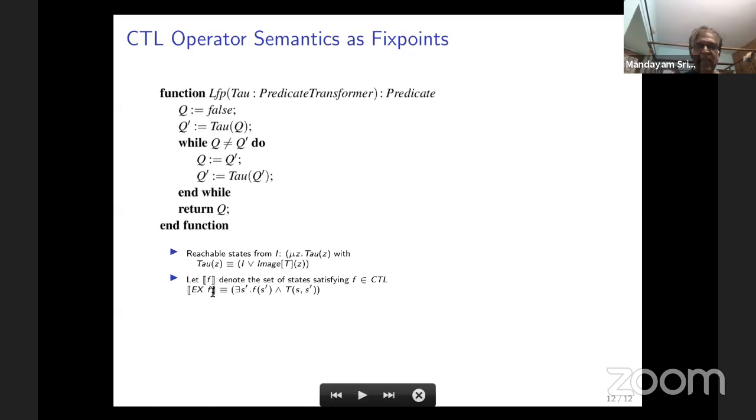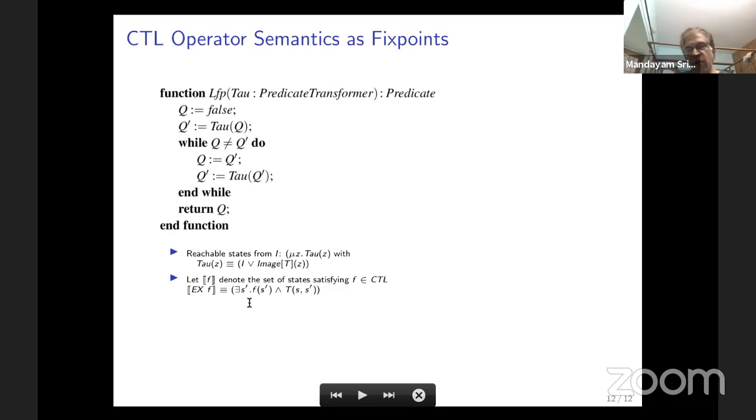So what is EX of f? That's what the model checking algorithm does: it computes the set of all states that satisfy a particular thing. That is the crux of the model checking algorithm. Of course, after that you have to check if the initial state is inside it, which in symbolic formulas is just an implication check.